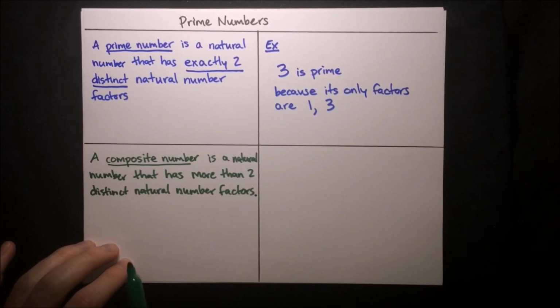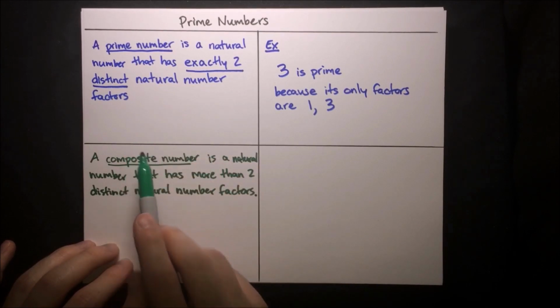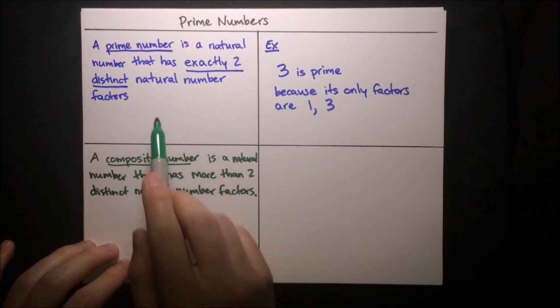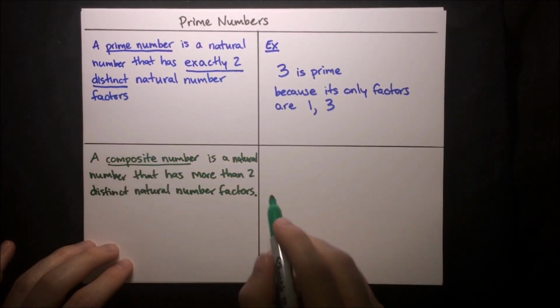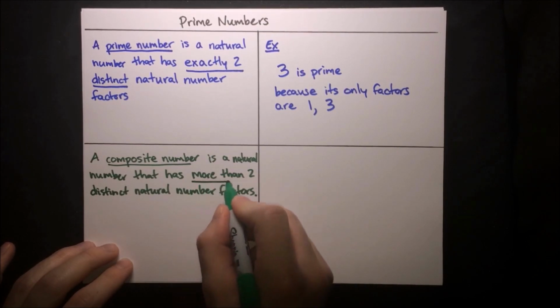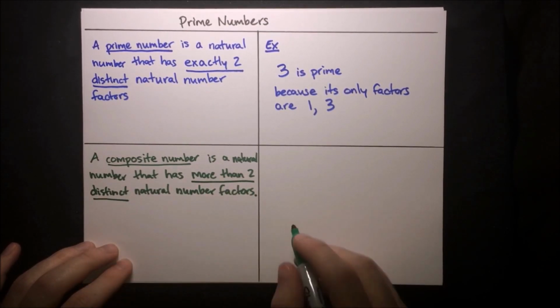So this is very similar to the definition of a prime number, except this time for composite numbers, instead of having exactly two distinct natural number factors, we need more than two distinct natural number factors.